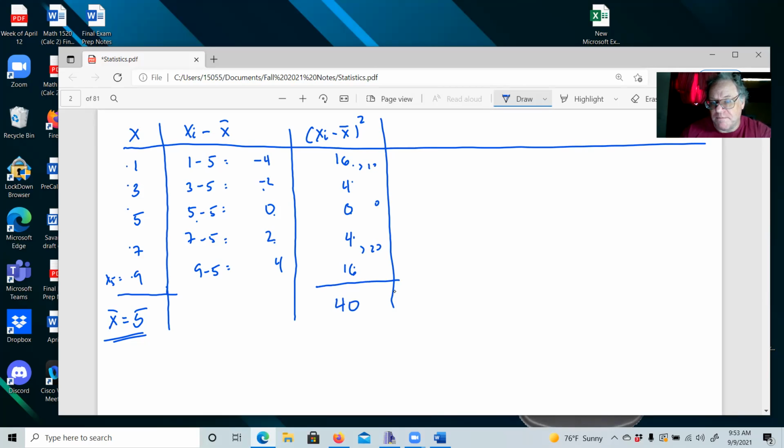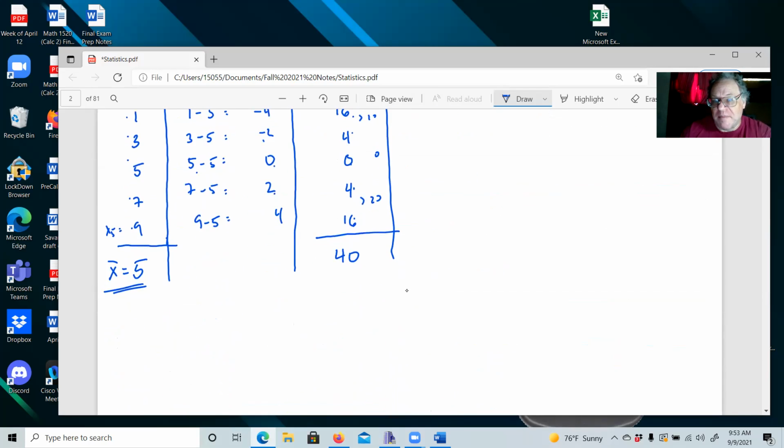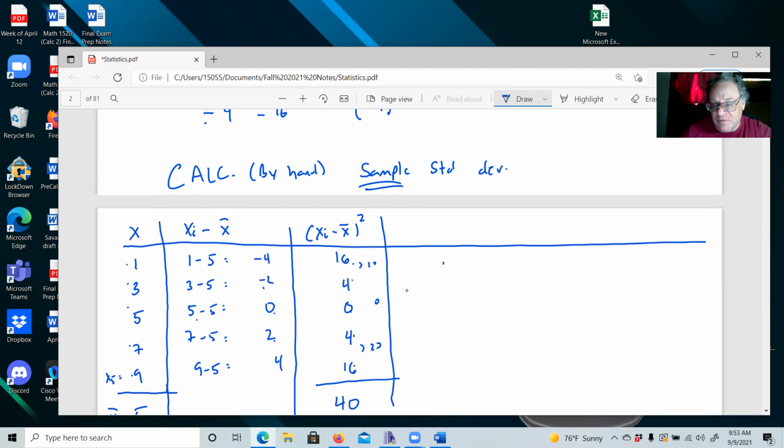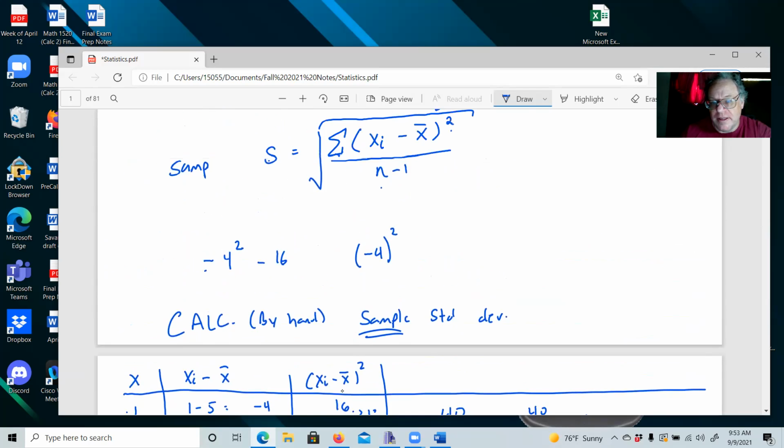Okay. So we are at this point in our formula. We got the differences, we squared them, we added them up. Now we're going to divide by n minus 1. So we're going to take 40 divided by, how many numbers do we have? 1, 2, 3, 4, 5. So we take 5 minus 1, which is better known as 4. 40 over 4 is 10.